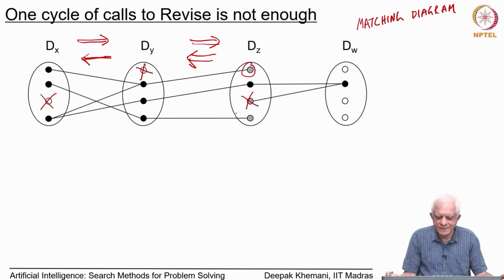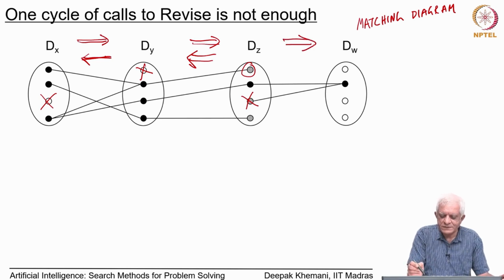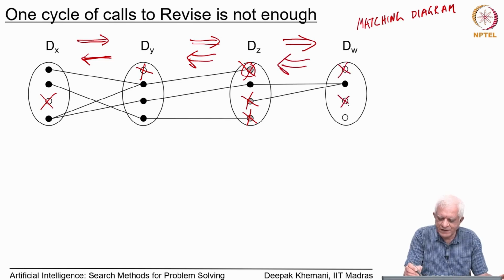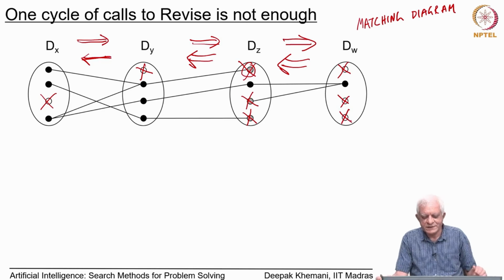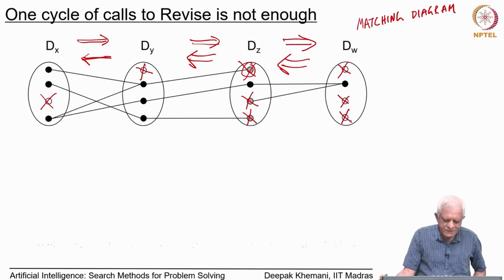Then when we do this one, we will be forced to delete this because it does not have a value in w, and also we will be forced to delete this one because it does not have a value in w essentially. And finally, when we do in this direction, these things anyway were not arc consistent. So, these 3 we will delete.